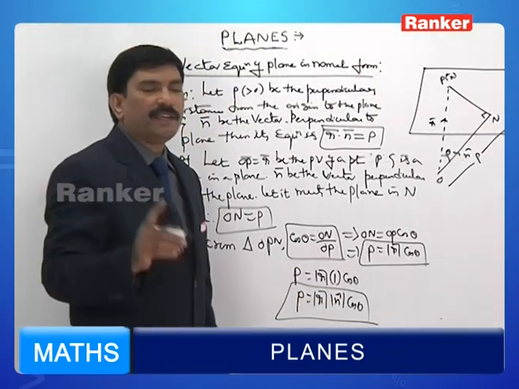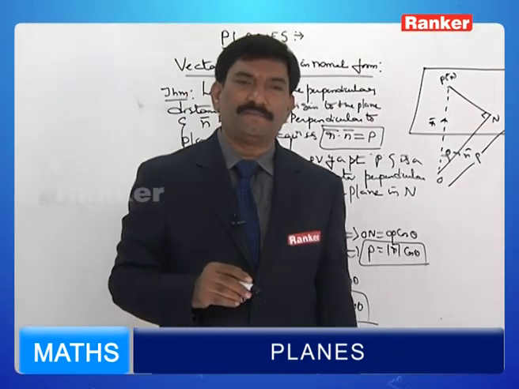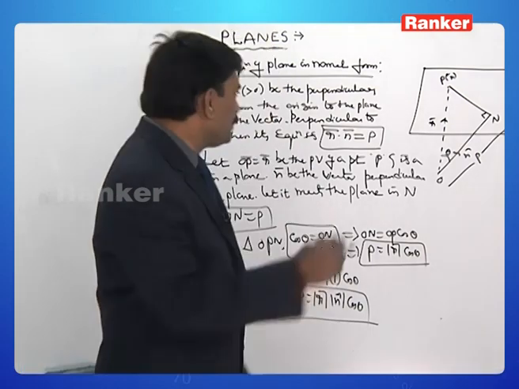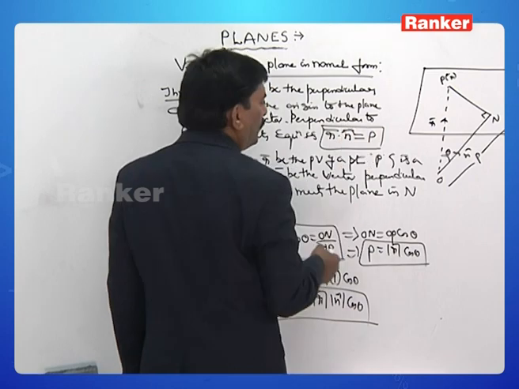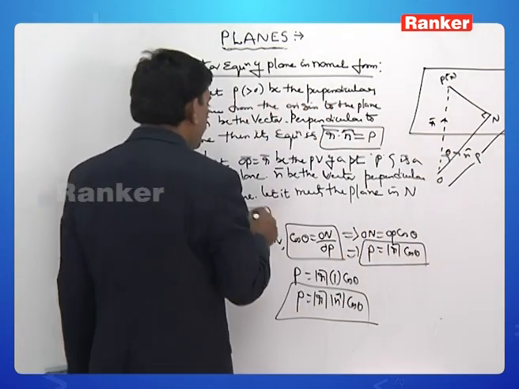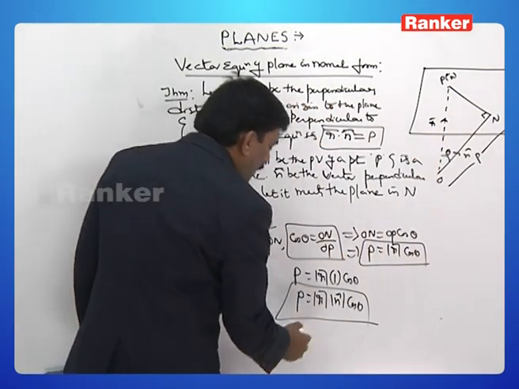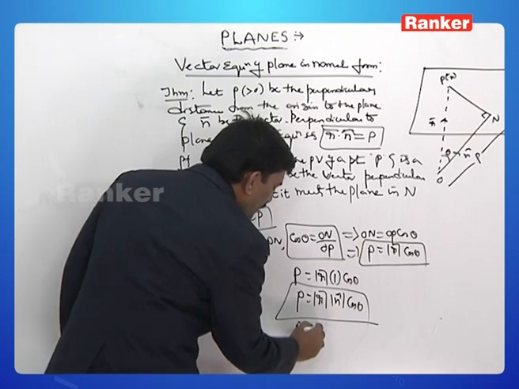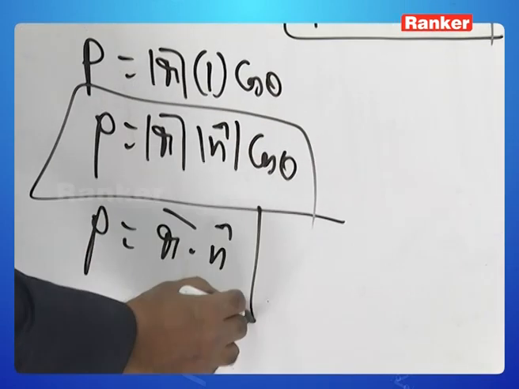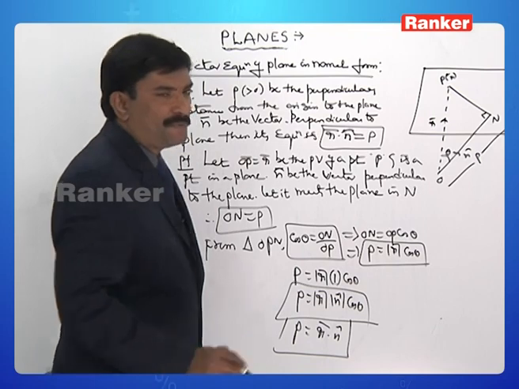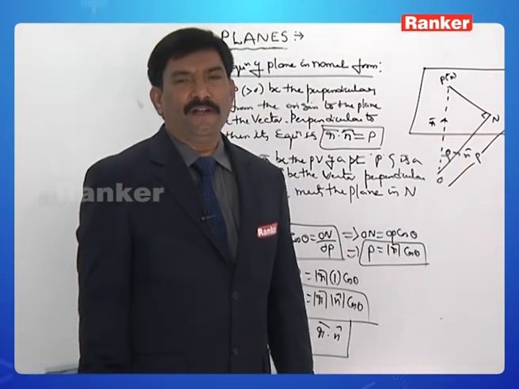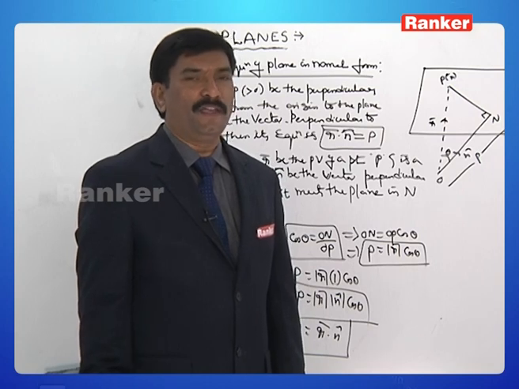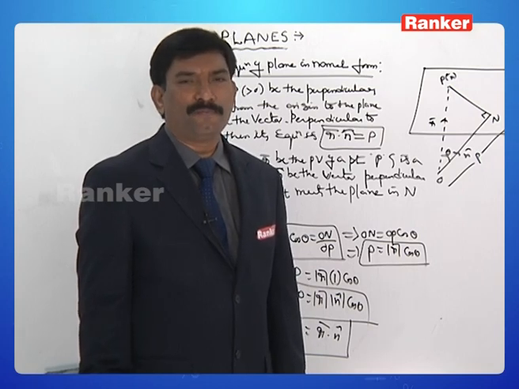What is n cap? It is a unit vector, right? You take this pair, instead of r bar, you take n cap. So therefore, p is equal to r bar dot n cap. This is the vector equation of a plane in normal form.